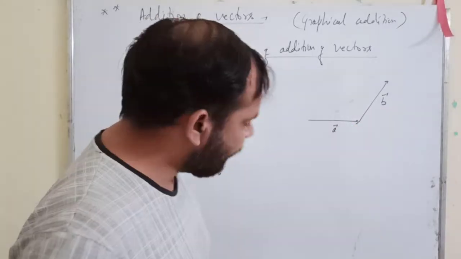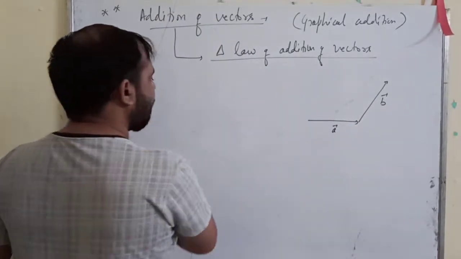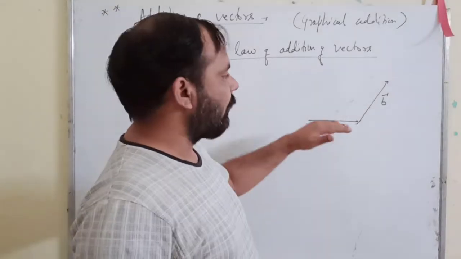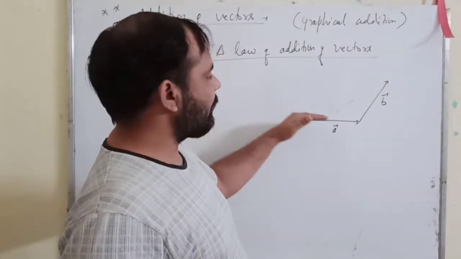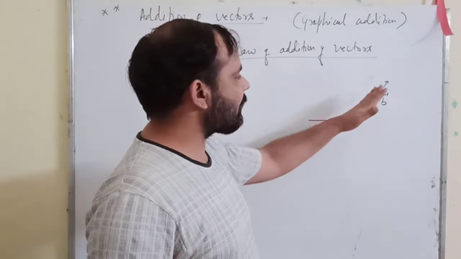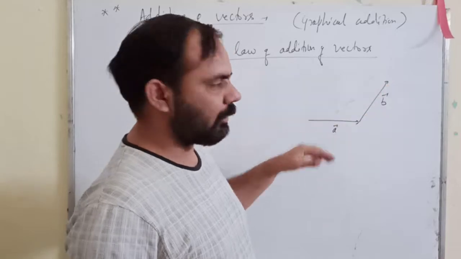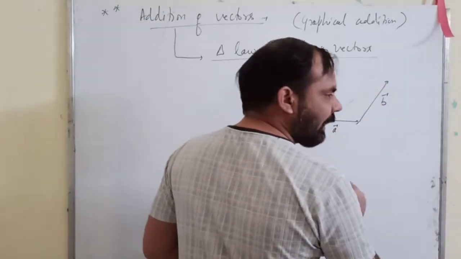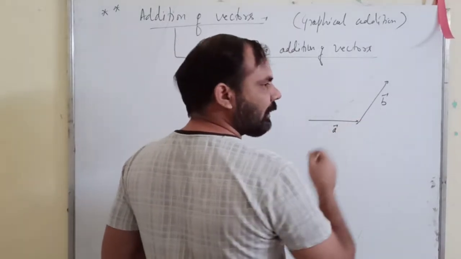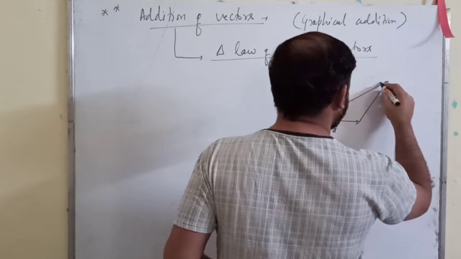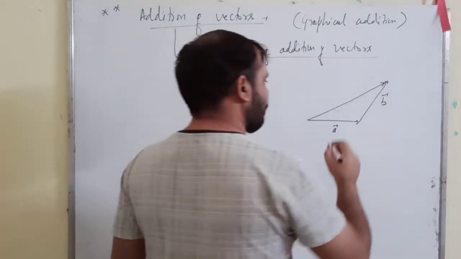Okay, in that case, if you represent the two vectors in this way, what is the law? The law is, if two vectors can be represented by two adjacent sides of a triangle in such a way that the head of one vector touches the tail of the other vector, then their sum will be represented by the third side in opposite direction.